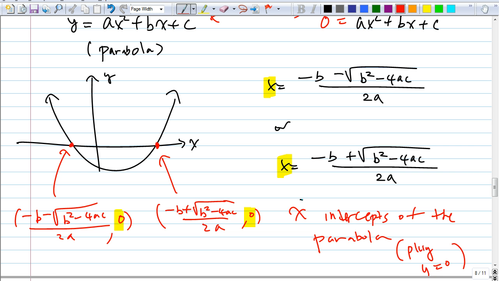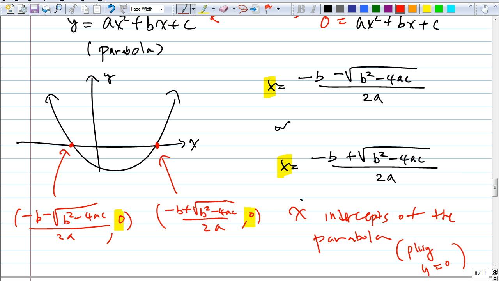When it's facing downward and it's below. That's right. When the parabola opens downward, a sad face, and the vertex is below the x-axis, then you won't have any roots. That's fine. But for all the other times, you could actually find the roots now. Does that make sense?